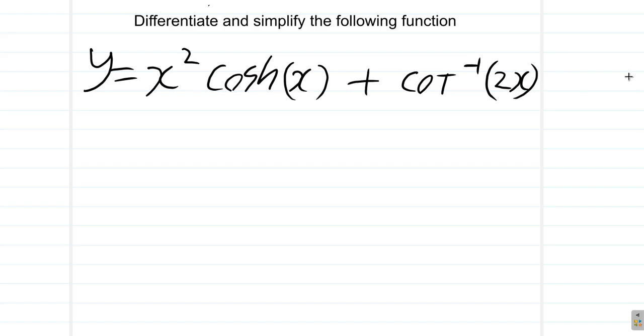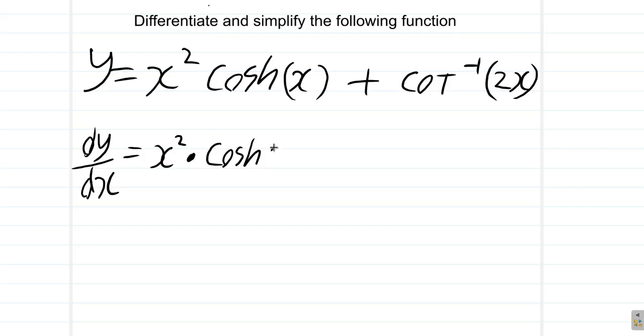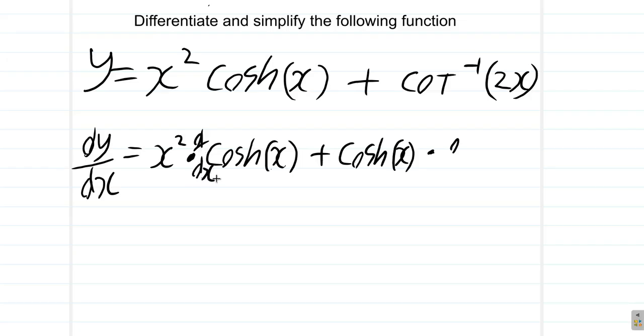So let's look at this. dy by dx is equal to, apply the product rule, you hold x squared as it is, times, I'm going to use dots for the multiplication, times d by dx of the hyperbolic cosine of x plus, you hold the hyperbolic cosine of x times, you differentiate x squared.